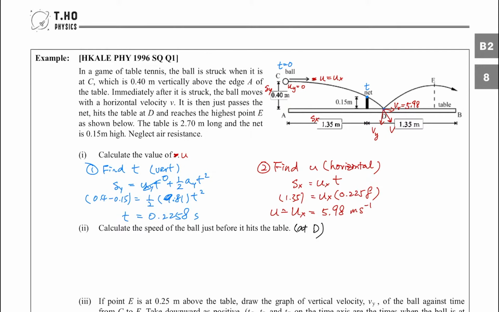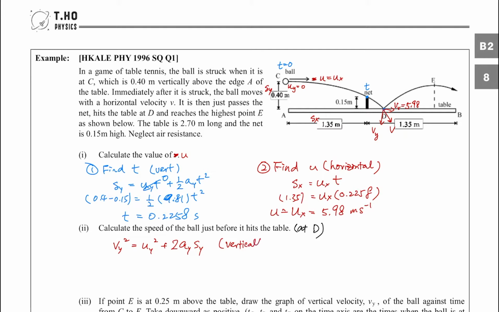Originally, at this point, there is no uy. And after it falls for 0.4 meter, it comes to point D. So we can use vy squared equals uy squared plus 2as to calculate the final velocity.